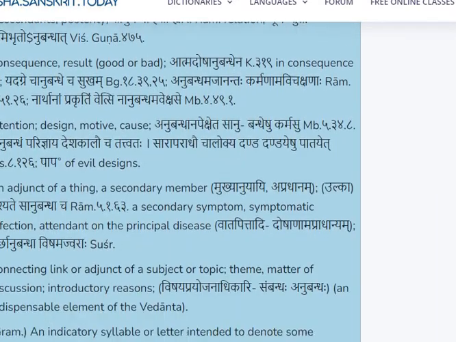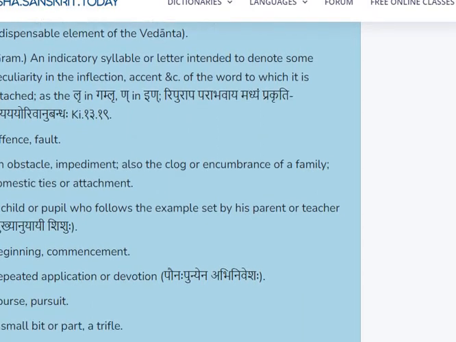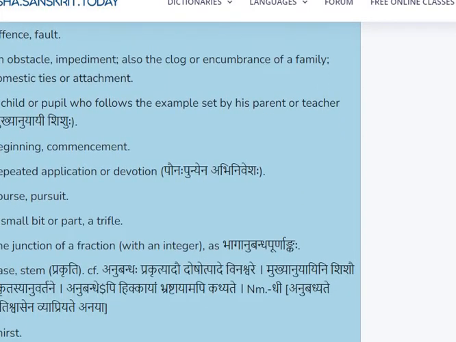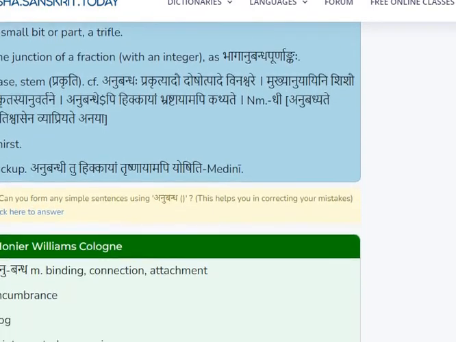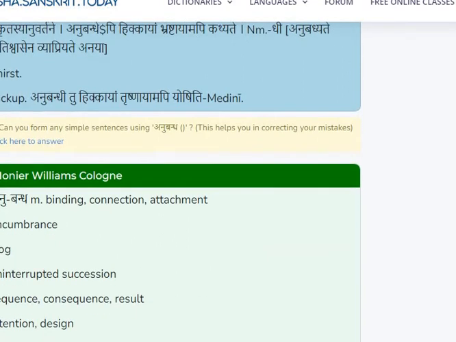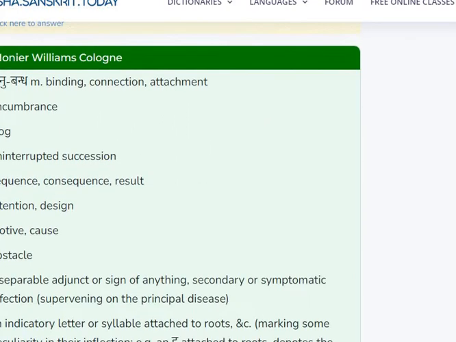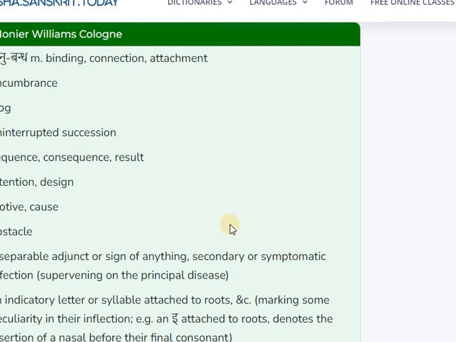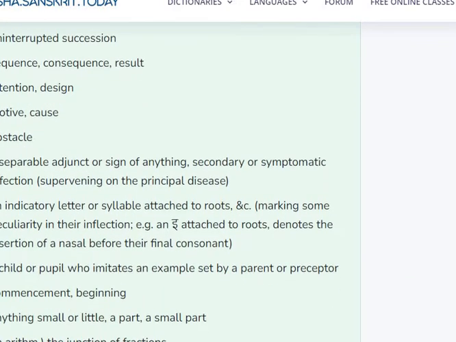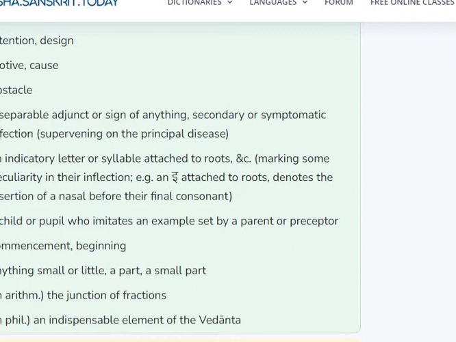So here they have mentioned the continuous flow also. Actually, as we are checking the meaning of Anubandha, they have given multiple meanings here. As per the contextual meaning of life, we need to check whether other meanings can also be useful here for the word Anubandha.